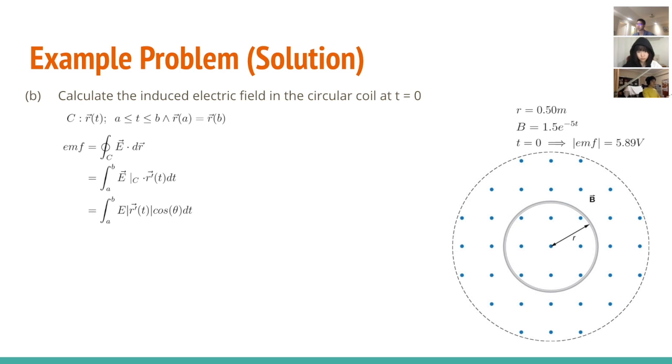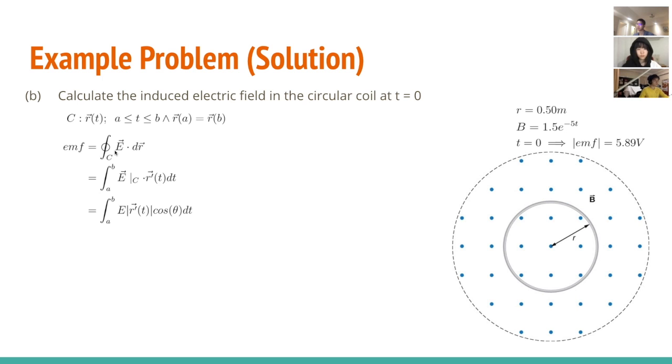By the definition of line integral, we get this equation over here. The dot product inside the integral, by its definition, can be reduced to the magnitude of the electric field along the curve times the speed of the curve and cos theta. Since the magnetic field is cylindrically symmetric, we can assume that the electric field's magnitude is constant along this curve, and that the electric field is tangent to the curve everywhere, which makes theta 0.